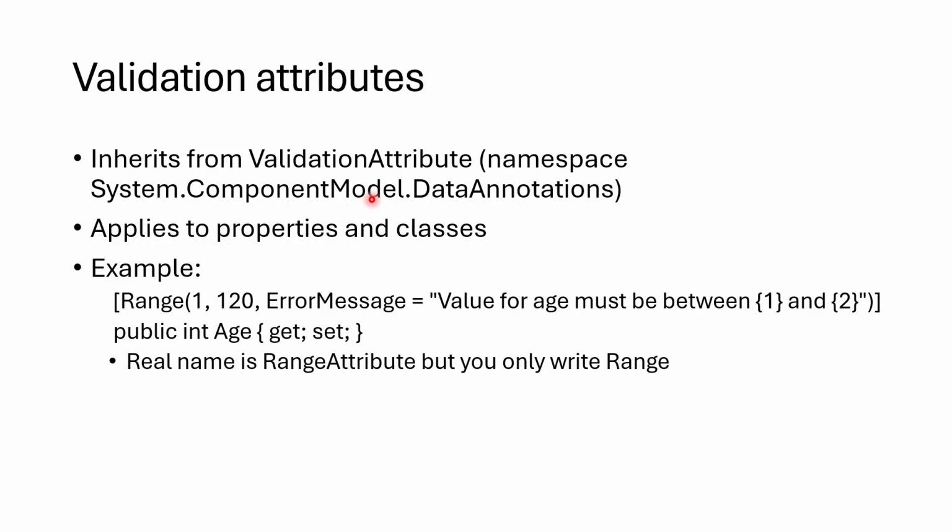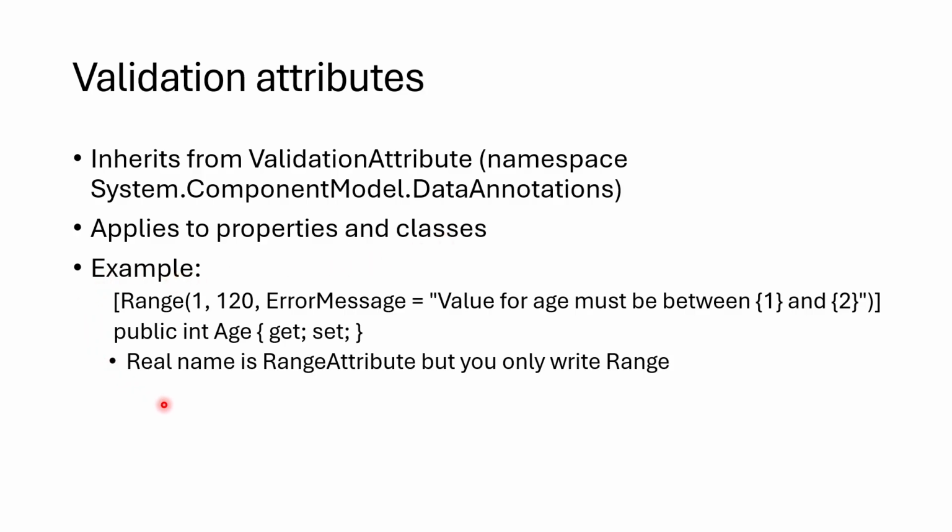We do this by using validation attributes. And these are just attributes that inherit from validation attributes. They can be applied to properties of a class and to the class as a whole, and I think also to fields, maybe. I'm not quite sure, but the usual place you use them is for properties and classes.